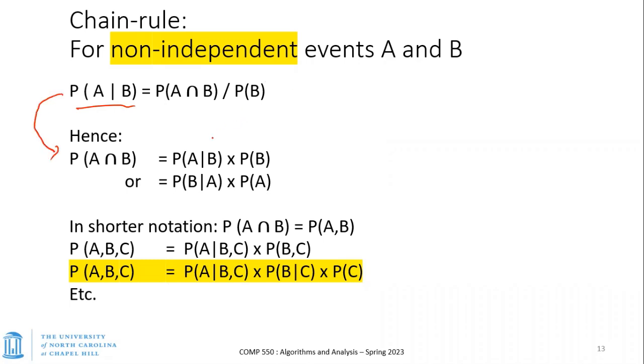And now you can simply cross multiply and express the intersection as the conditional probability of A given B multiplied by the probability of B. Okay, so we've simply taken our earlier definition and done some cross multiplication. And you can also express that as probability of B given A times probability of A.